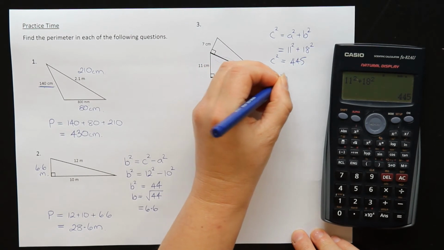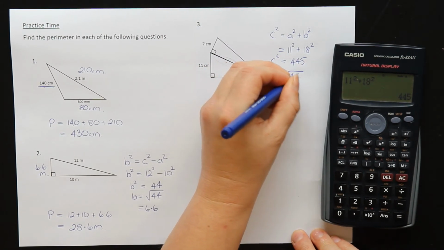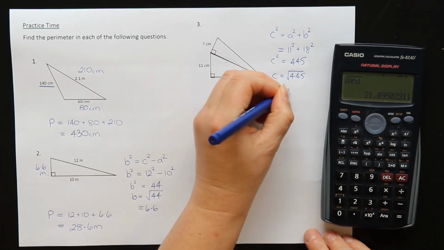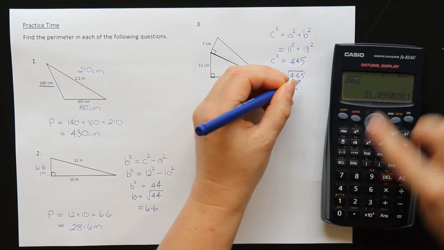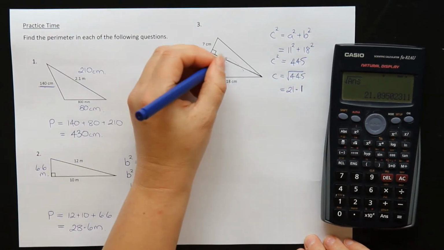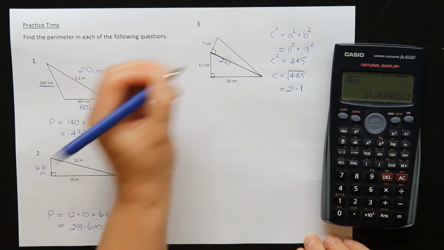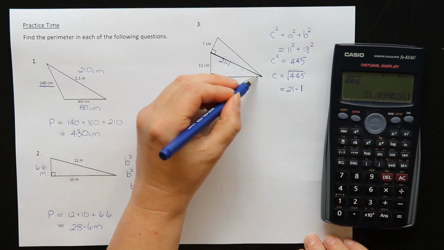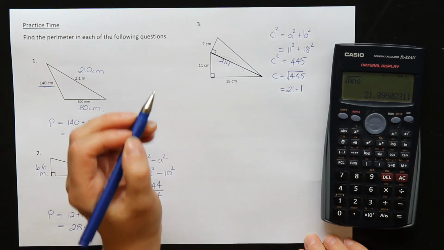And to get c by itself, we have to square root it. Square root of that is 21 point, rounding that up will become 21.1 to one decimal place. So 21.1 goes there.